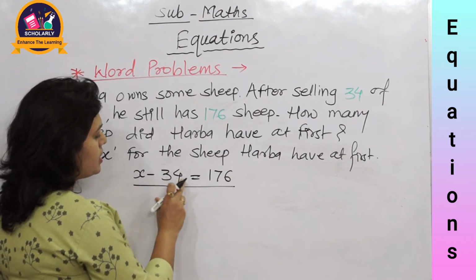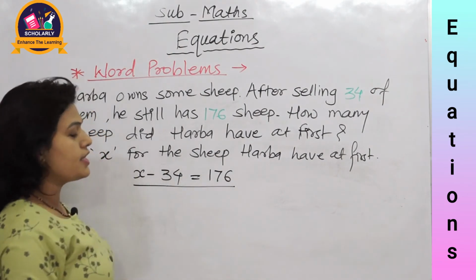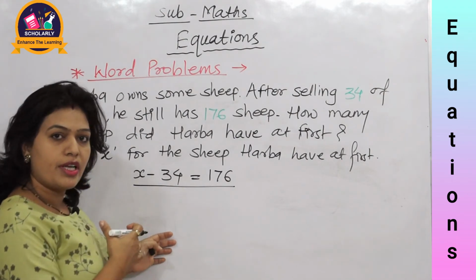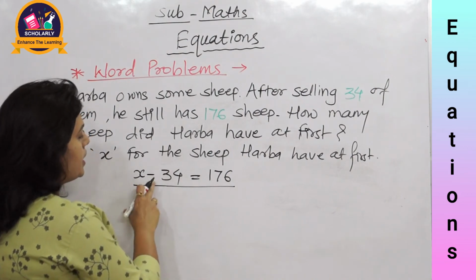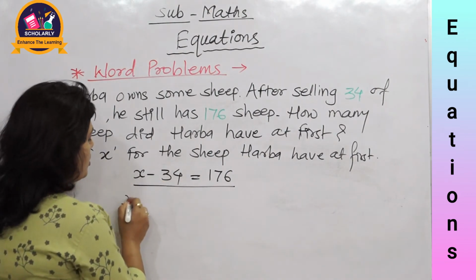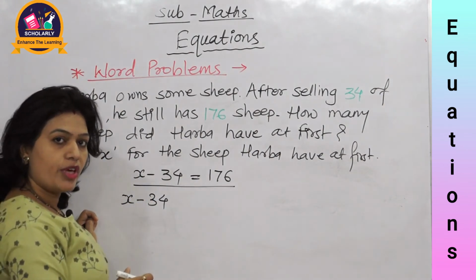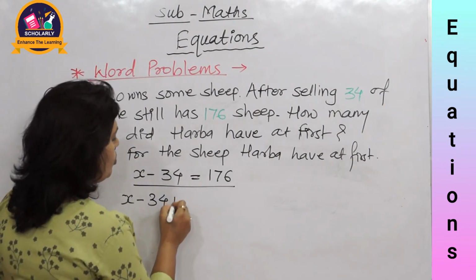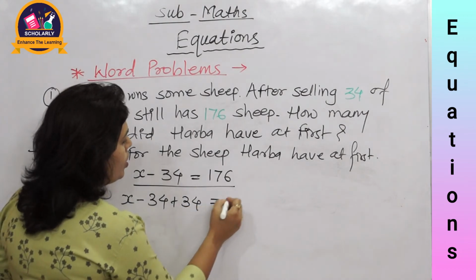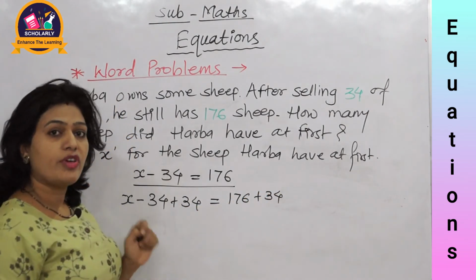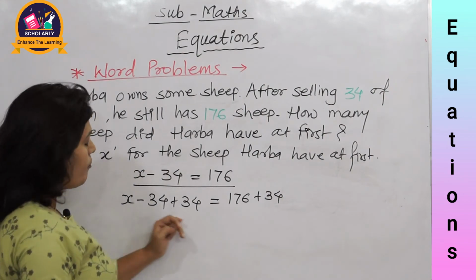There is X minus 34 equals 176. Using the rule of equality, here is X minus 34. Then if we want to remove this 34, we have to add 34 on both sides of the equation by the rule of equality of addition.